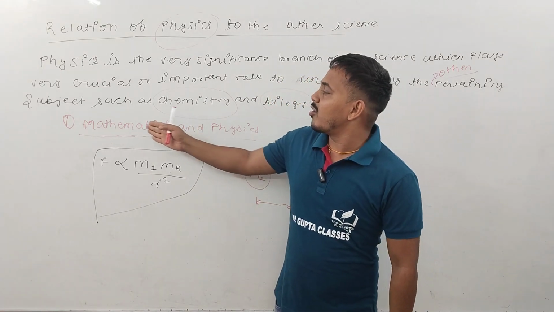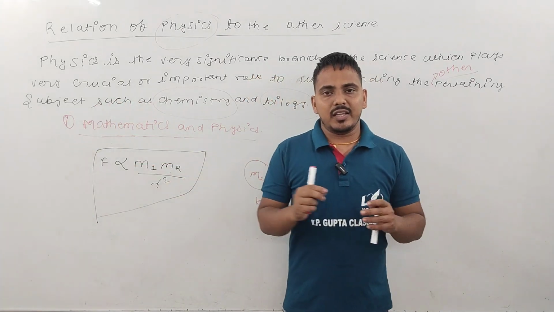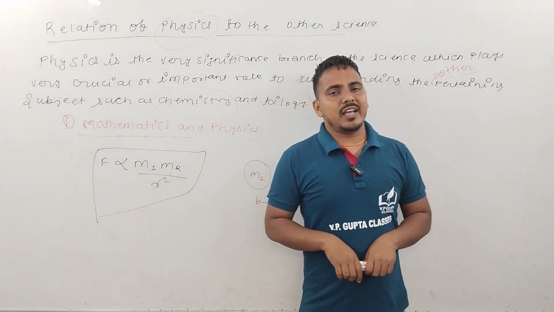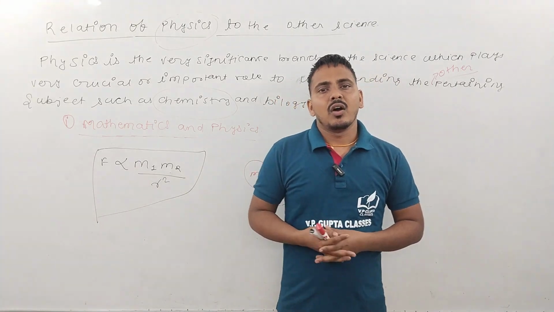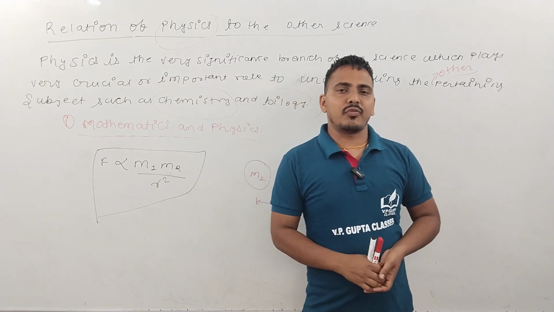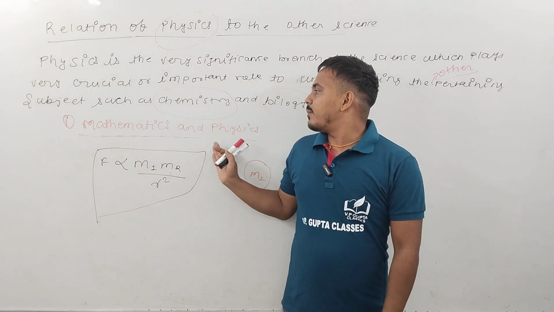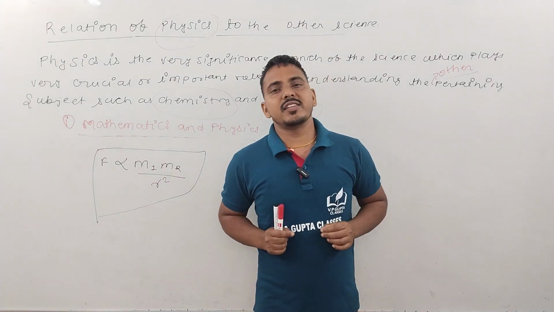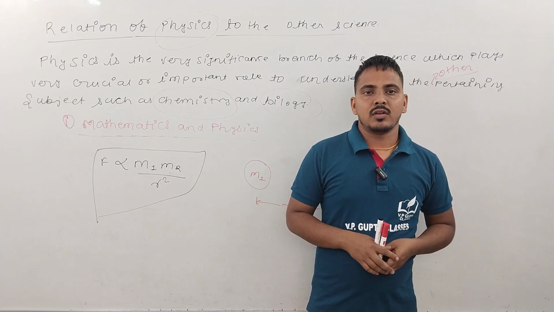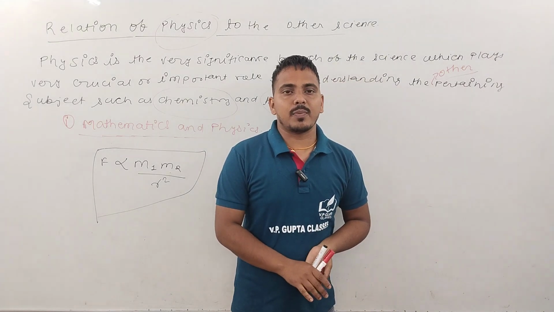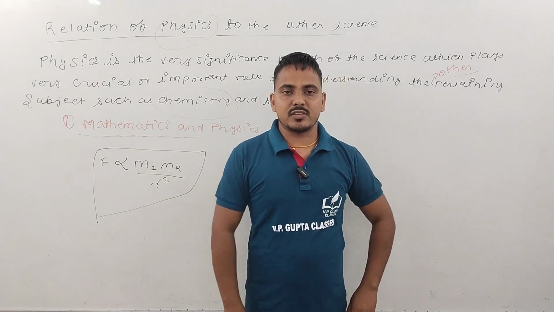So without knowledge of mathematics, we cannot easily explain the laws of nature and any of the parts of physics. So we can say that mathematics is a very significant branch of science, which plays a very important role in physics.